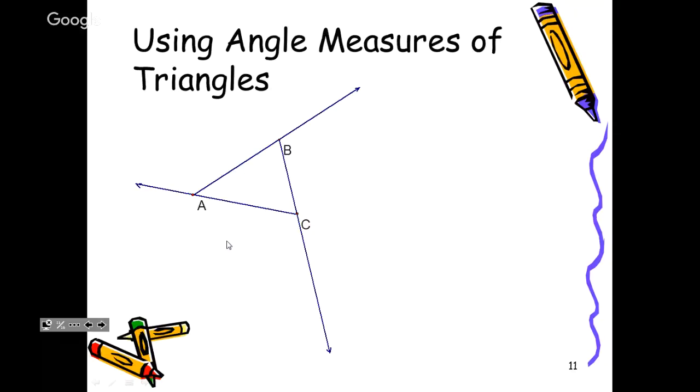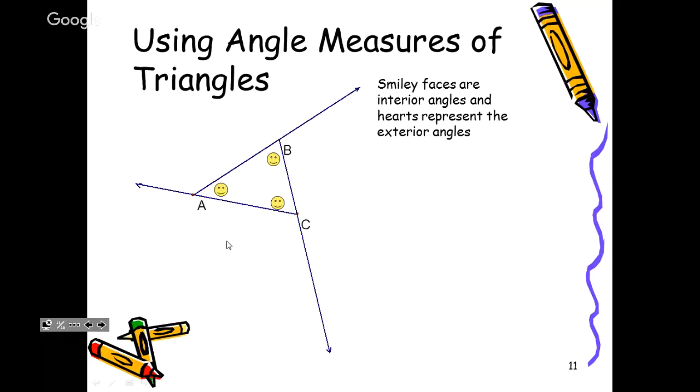All right. Now, I have this triangle here, ABC, and what you'll see is that I've extended the sides. The reason I extend the sides is that it helps create what we call exterior angles. Let's start with the interior. The smiley faces on this are going to represent interior angles, and the hearts will represent the exterior. So our interior angles here, angles A, B, and C, are interior angles because they're on the inside of the triangle.